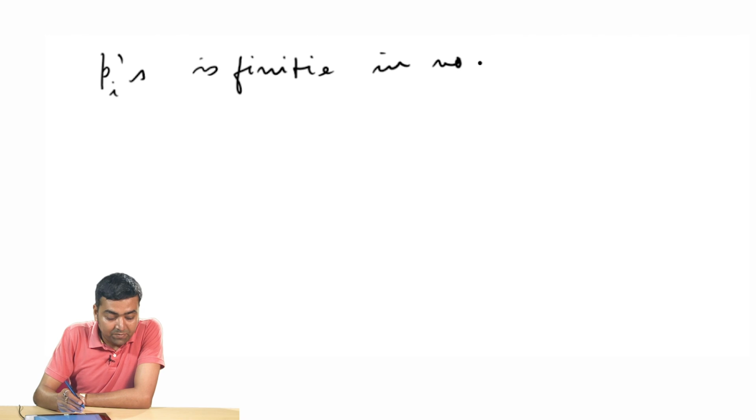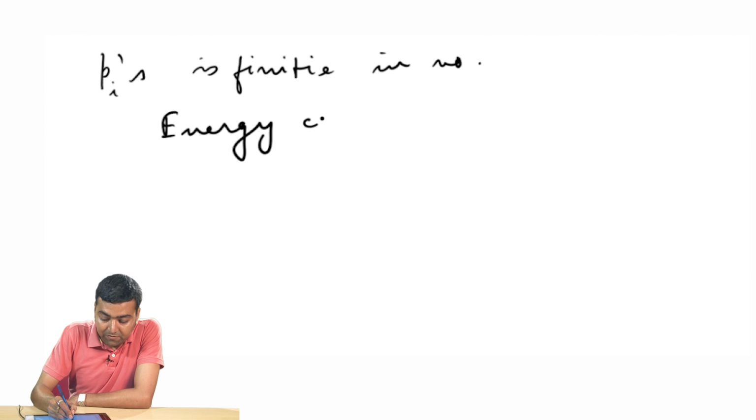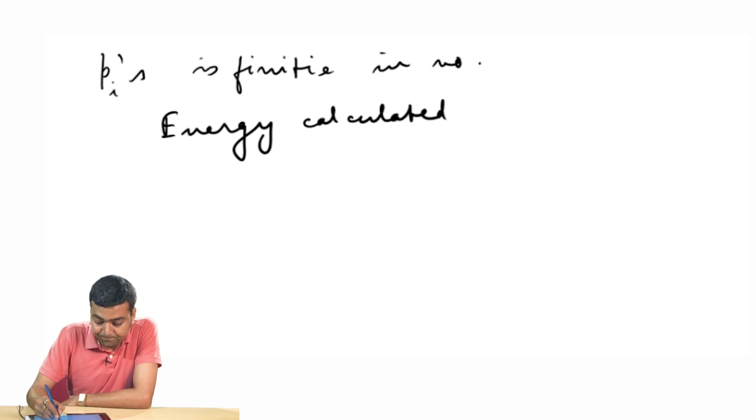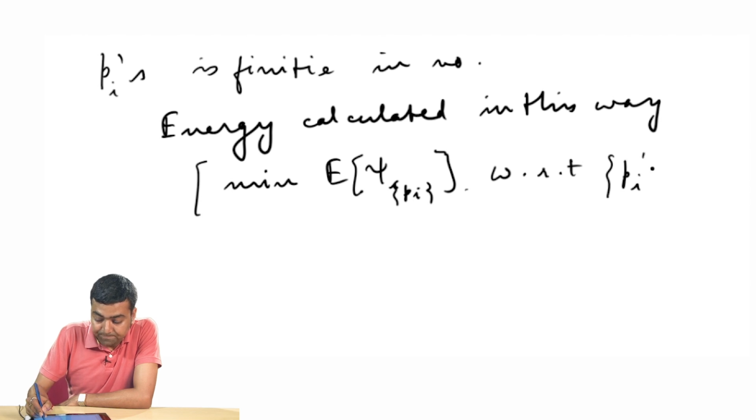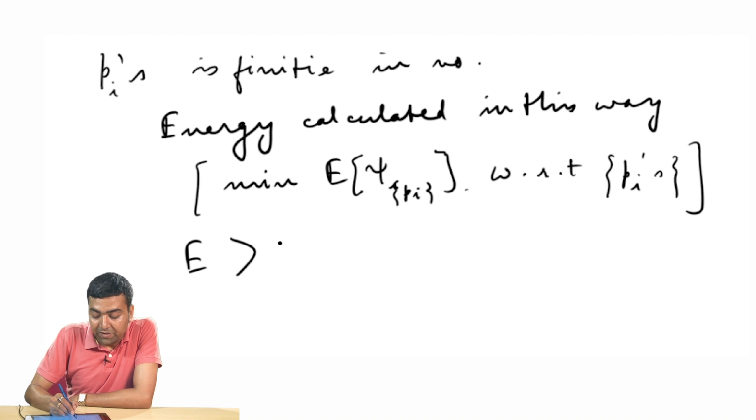What this implies is that the energy we get calculated in this way, by minimizing E of psi with respect to the p i's, if I call this energy E, will always be greater than or equal to my ground state energy, where E0 is my ground state energy.